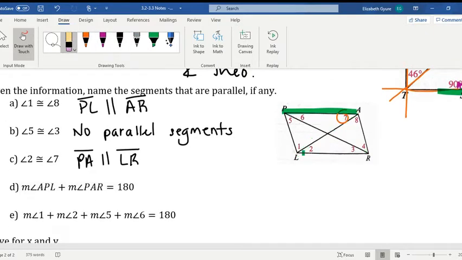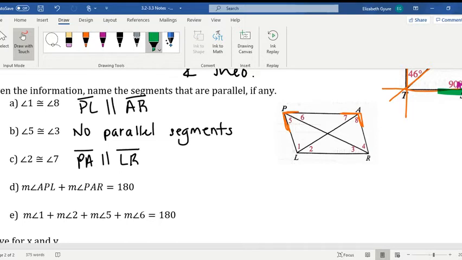Then for part D, we are told to look at the measure of angle APL. So APL, that is this whole angle here, and angle PAR, that's this whole angle here. Okay. And it's telling us that these are going to have a sum of 180 degrees. So these are supplementary. So we need to decide, are these same side interior angles? Because if they are, then they'll be supplementary and we'll have parallel lines.